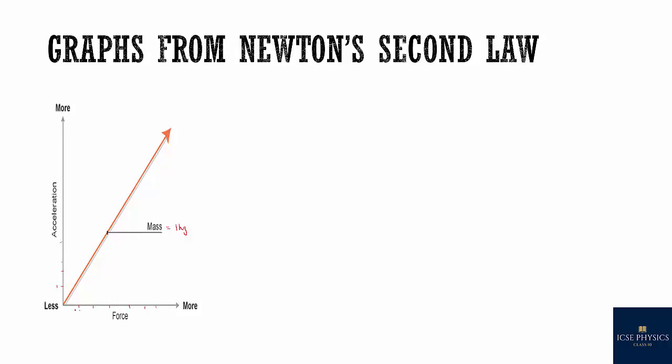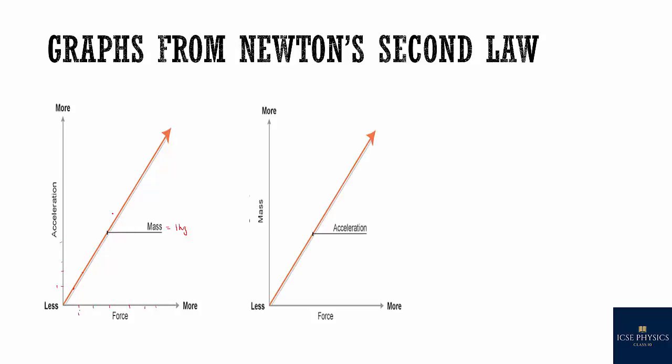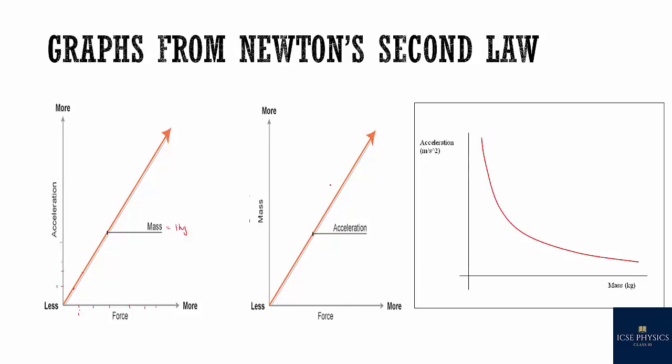So 1, 1, and they both match at this point. Similarly here they match. When force is 2, mass is 1, then acceleration will also be 2. So similarly we get this graph as this line. Similarly, in the second case, keeping acceleration constant, while plotting force and mass, we get this graph.